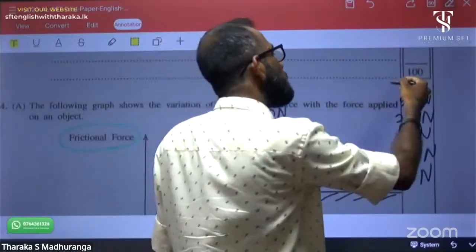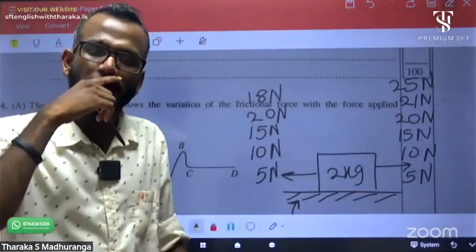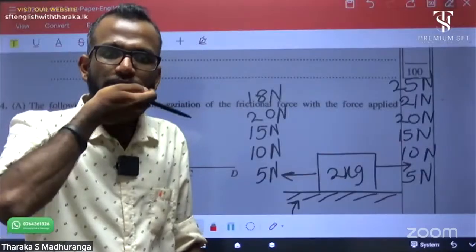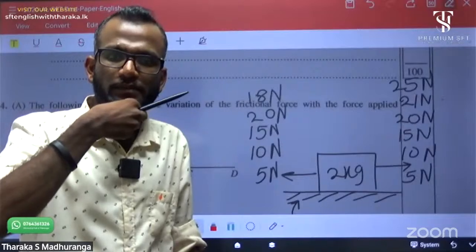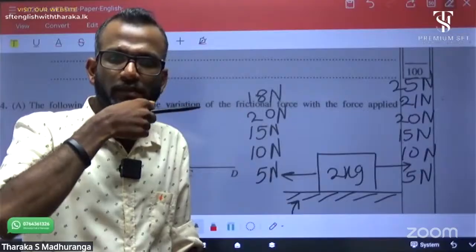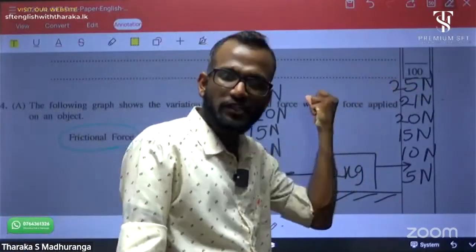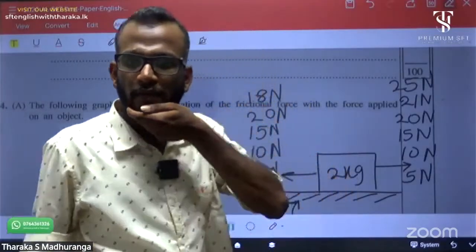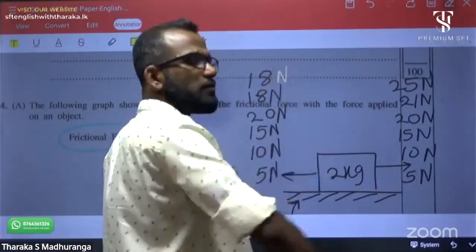Okay, if I apply 25 Newton on this object, what's the friction force? Yes, it is again the same, constant.